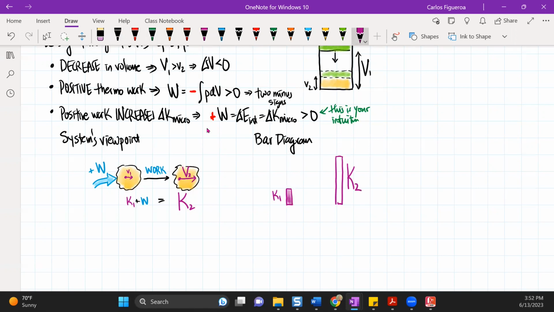We know that. So the only way this could be true is if I do work. That work is positive work, and that's what increased the kinetic energy here.